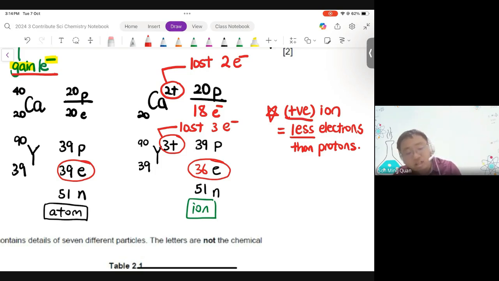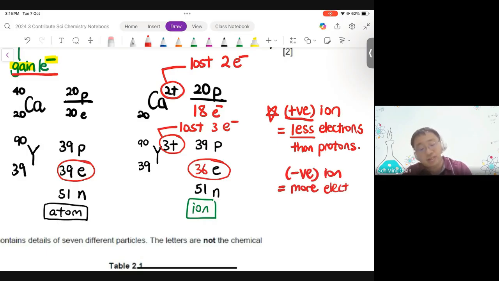So positive means it has fewer electrons. A negative ion means it has more electrons because it gained the negative electrons. So it has more electrons than protons. You will need this a lot. Okay, this is just question one. If you did the bonding homework, there are a lot of questions which resemble this that will require you to know the difference between atoms and ions, positive ions, negative ions. So I hope you take this down first.